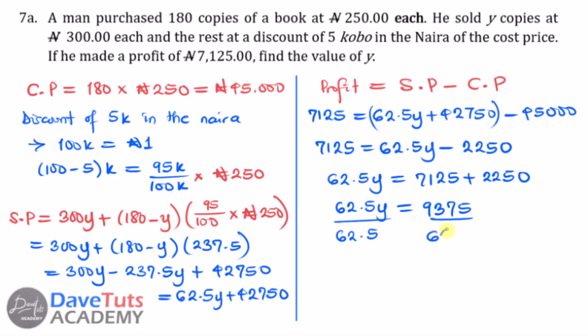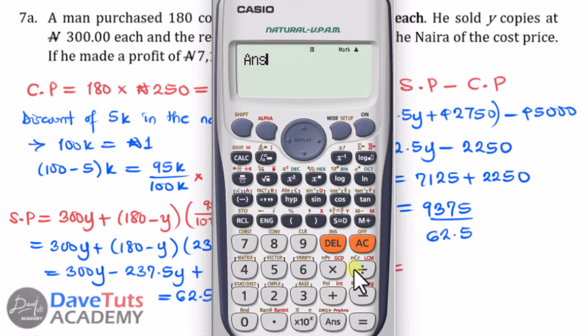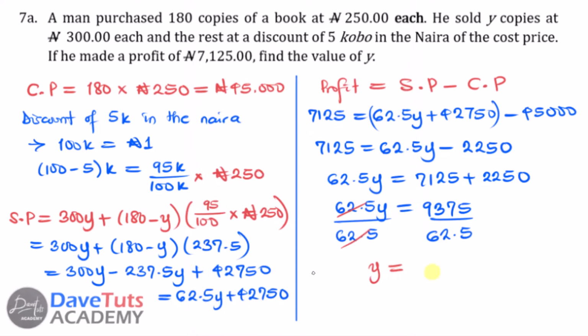If I do that, we have Y only remaining, and the answer we just got divided by 62.5 is going to give 150. So Y is 150. The number of books that is sold at 300 naira was given as Y, so that number of books is nothing but 150, and this is as good as it gets.